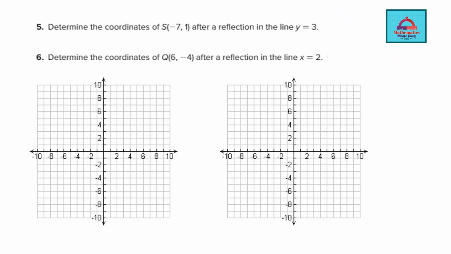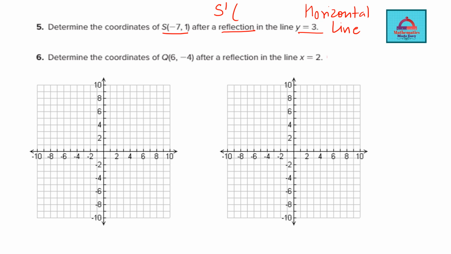So let's solve question 5 and 6 here. First I want you to observe that for question 5, the line which is given, y equal to 3, is a horizontal line. So that means after the reflection of this point S, the new point after the transformation is going to have the same x coordinate.